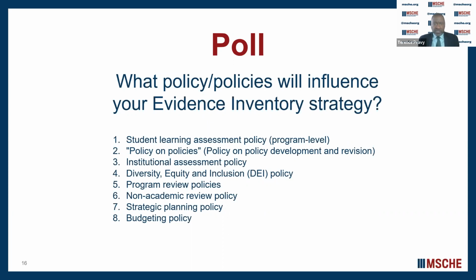And at 18%, we see student learning assessment policies at the program level. So what we'll do is put the results into the deck that we'll send to you after the presentation, but this was very interesting and maybe a part of the latter part of this presentation. Let's move on to our next slide.